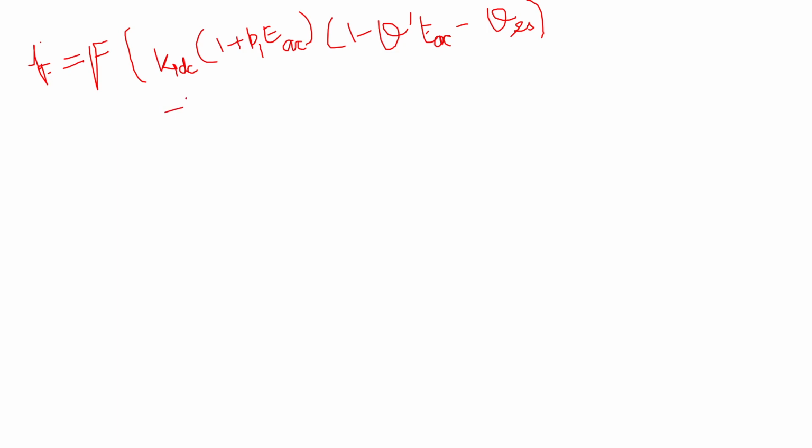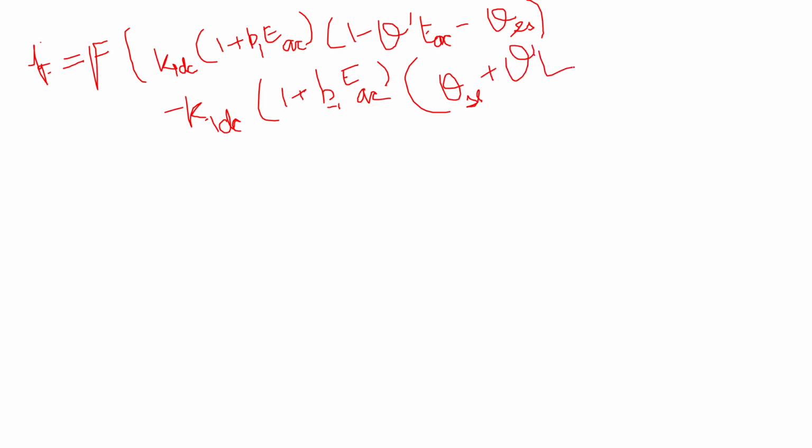Again the next term is minus K minus 1 DC (1 plus B minus 1 EAC) θ SS plus θ dash EAC.